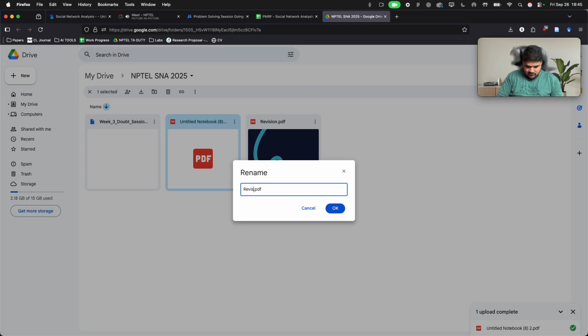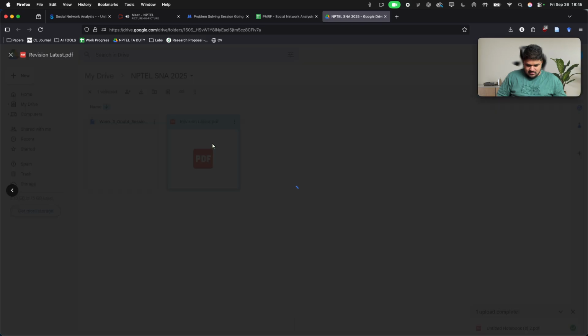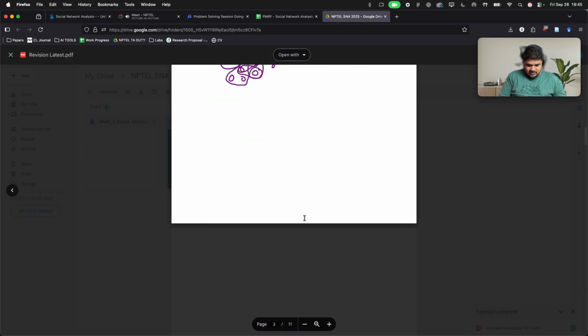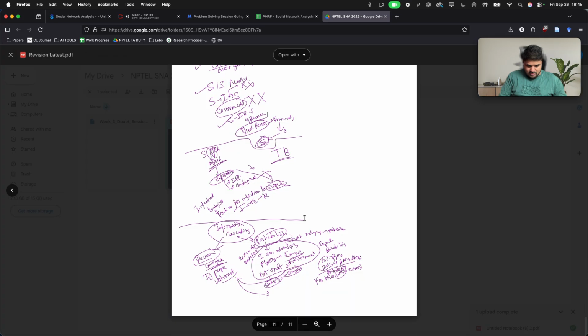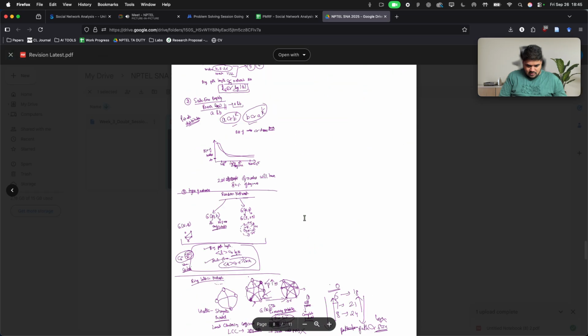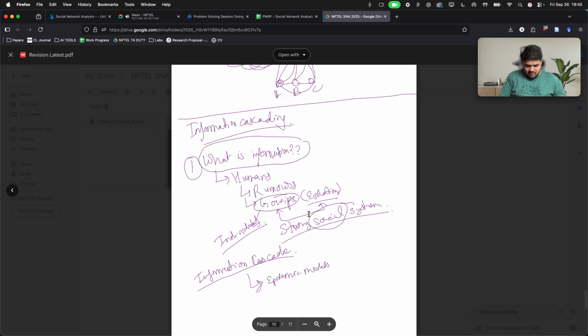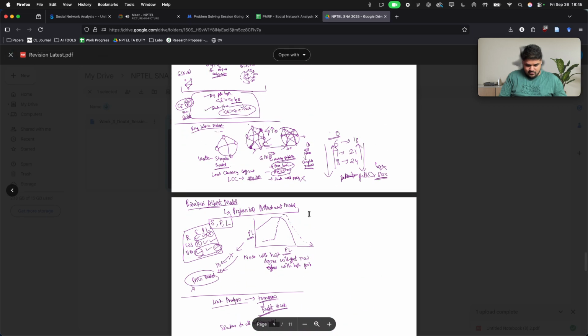This becomes revision. I'm deleting this because it's the same file. So what you can do is refer to this one, the last pages, to get to know what I taught today. I taught a lot of things today.